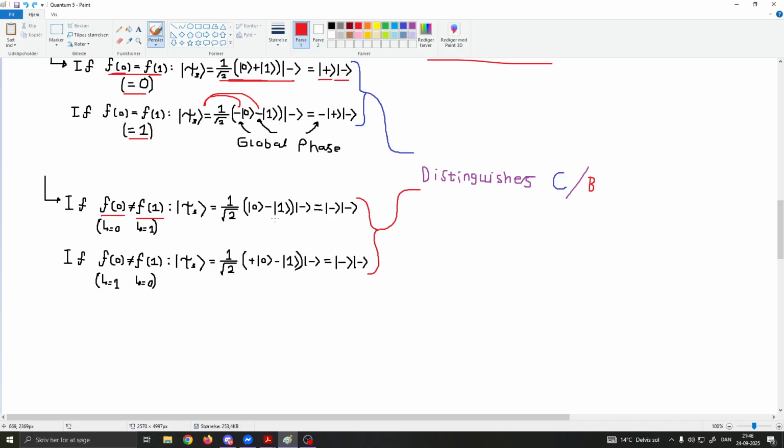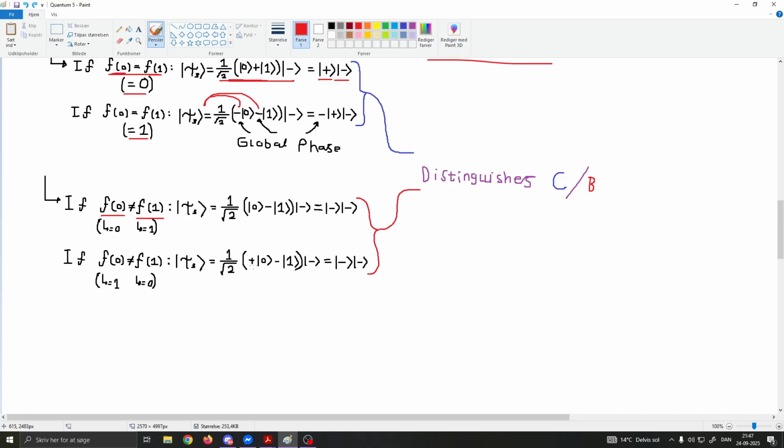We can see that there is now a negative sign in front of the ket1 term, which means, of course, that this isn't the plus state, but rather the minus state. And for this situation down here, which is the flipped version of this up here, the negative sign is instead on 0 instead of 1.